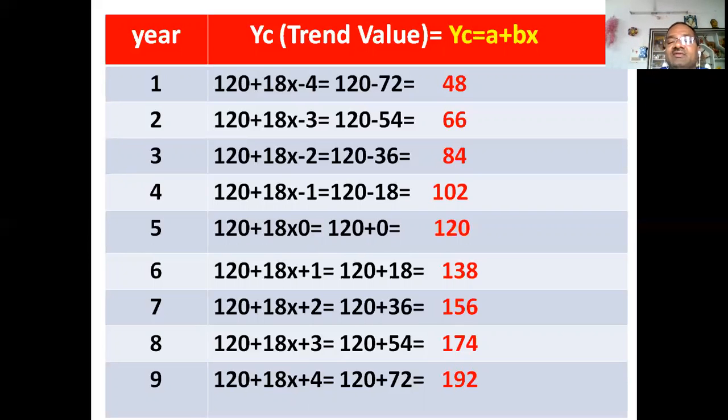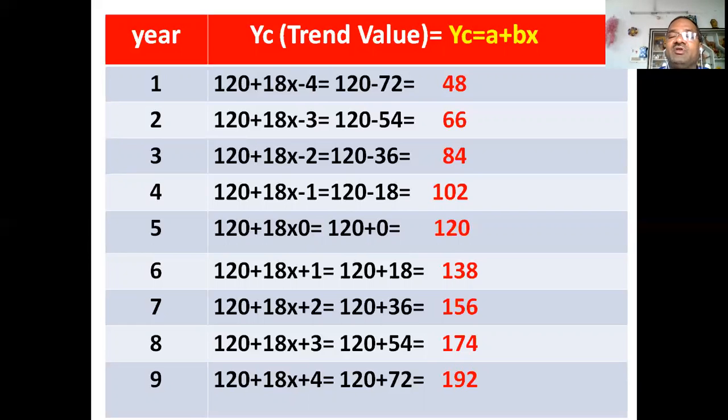Now my good friend, if you observe the change in the trends, 48 to 66, how much increased? 18. Similarly, 66 to 84, how much increase? Again 18. So by calculating 2 to 3 years' trends, we can come to this.